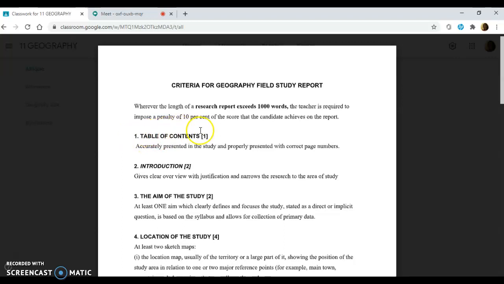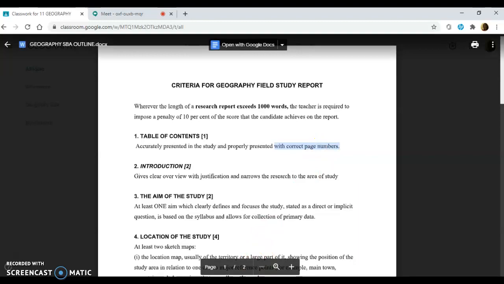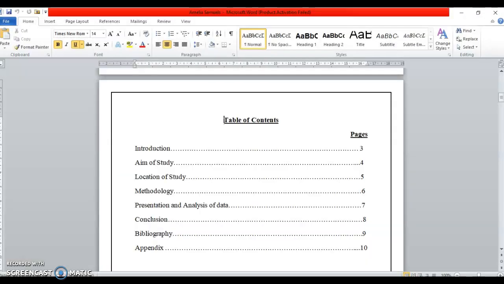All right, so we were looking at the table of content. This is worth 1 mark. The table of content, it says here, accurately presented in the study and properly presented with correct page numbers. Now, in order to get your 1 mark for your table of content, you must have the page numbers there. The page numbers must also be accurate.